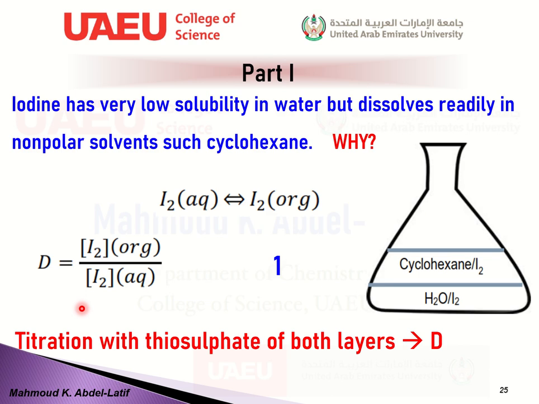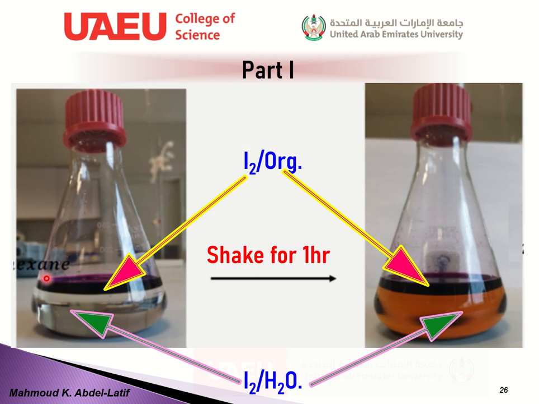Again, just reminding you very fast what we should do. Iodine has very low solubility in water, but dissolves readily in nonpolar solvents such as cyclohexane. I told you why. Just distribute iodine between water and cyclohexane. You can determine the distribution coefficient. You see this is water and this is cyclohexane and iodine.